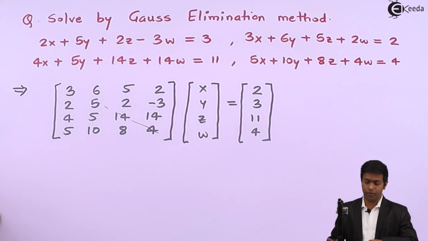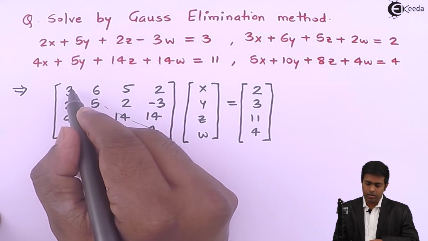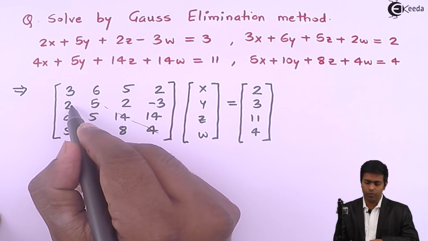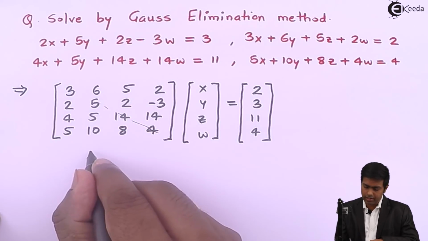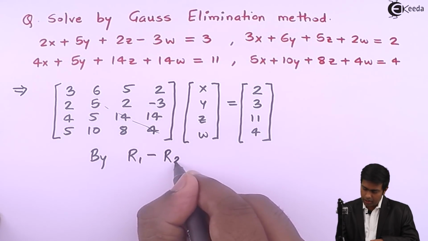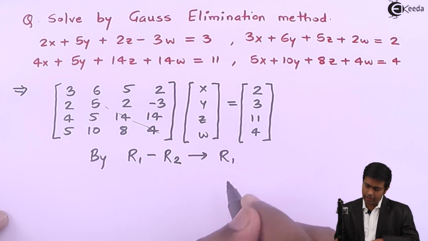So guys, for simplicity, I'll make this 3 as 1. To make it 1, I'll subtract row 2 from row 1. So here I'll say R1 minus R2, and we'll write the result in row 1 again.